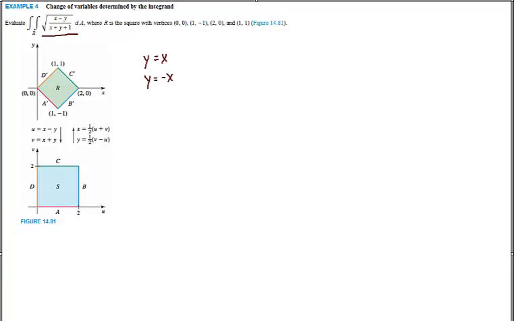If I were to rewrite this and say that each one of these is some constant x minus y, or we could say that it was, and just move this to the other side there, some constant x plus y, then what I can do is say, let's let this one be u, and we'll let this one be v.